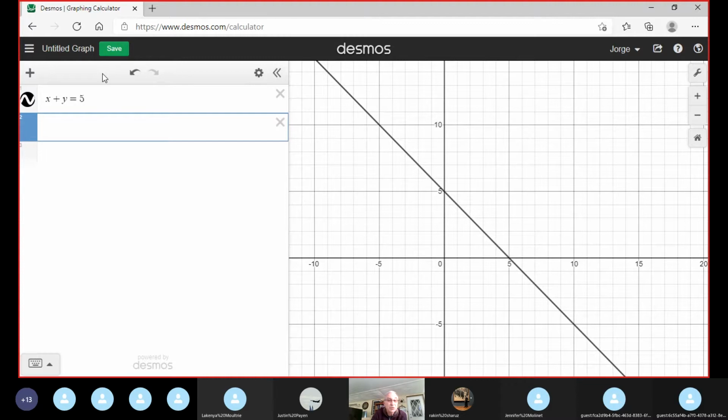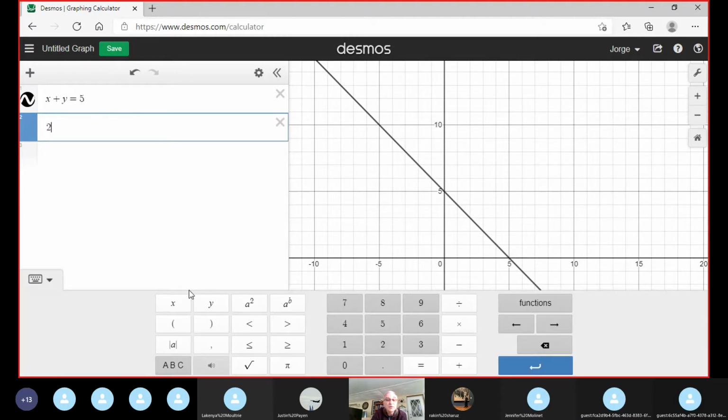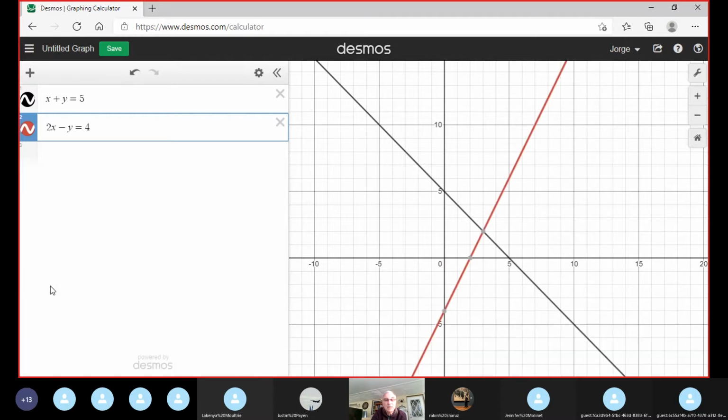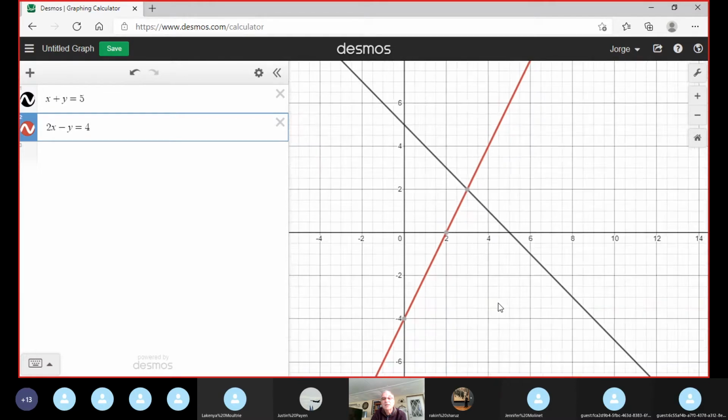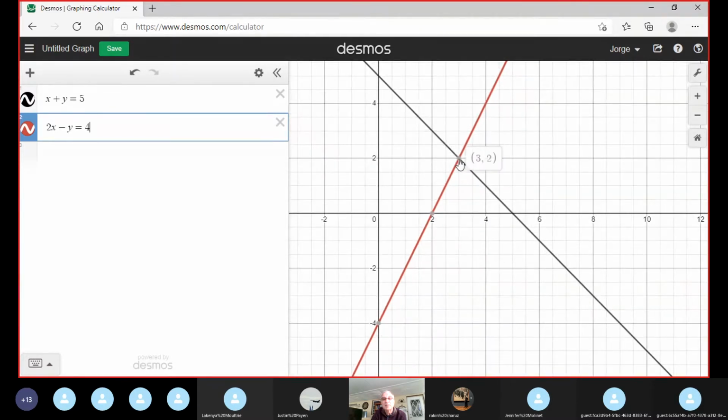The second equation is 2x minus y equal 4. Boom. And the intersection is the solution. Look at that. Bang. 3, 2. End of the story.